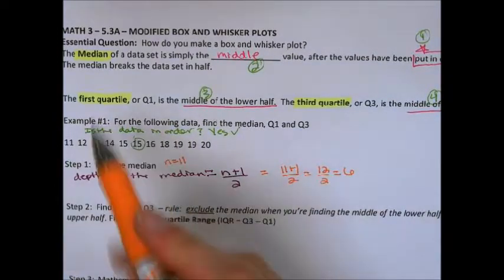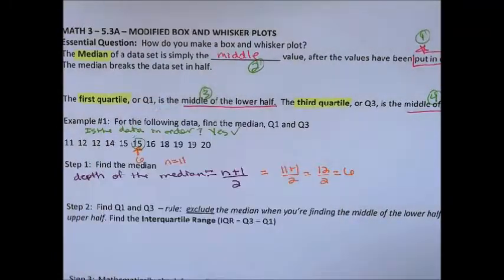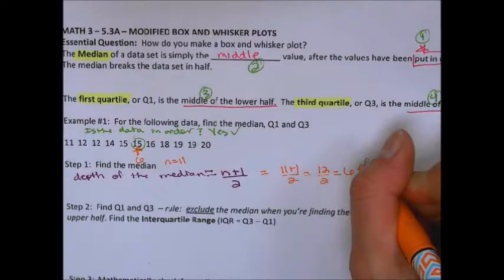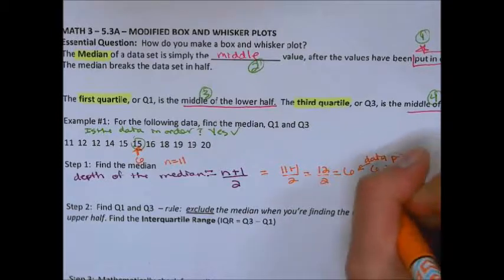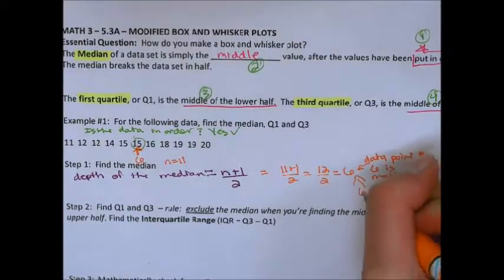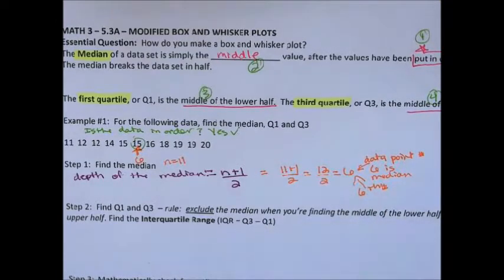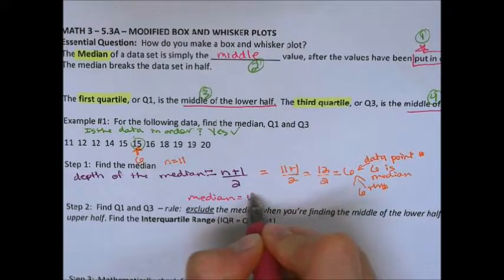So what this means is our sixth term, 1, 2, 3, 4, 5, this is number 6, that is our median, or the sixth number. So our median is 15.